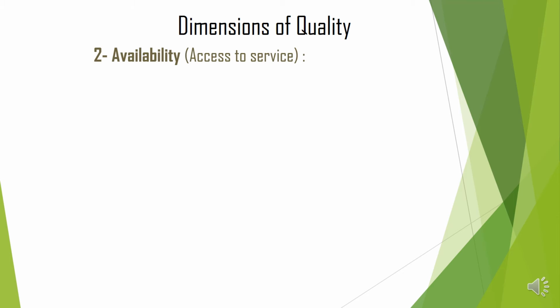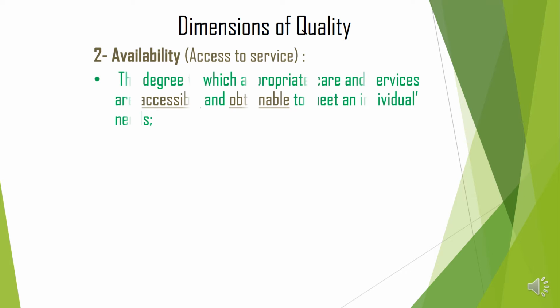Another dimension is availability, which equals access to services. The definition is the degree to which appropriate care and services are accessible and obtainable to meet an individual's needs. So the keywords here are accessible or obtainable. Whenever the customer needs the service, he can access it and obtain it.